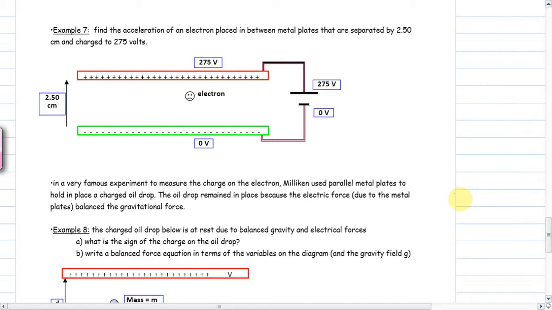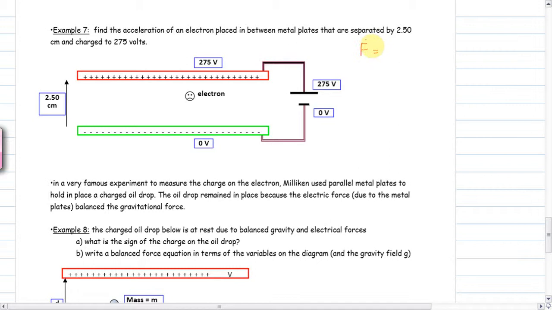Example 7. Find the acceleration of an electron placed between metal plates that are separated by 2.5 centimeters and charged to 275 volts. Okay, so there's an unhappy electron in there. Why is an electron unhappy? It's negative. So we're trying to find the acceleration.